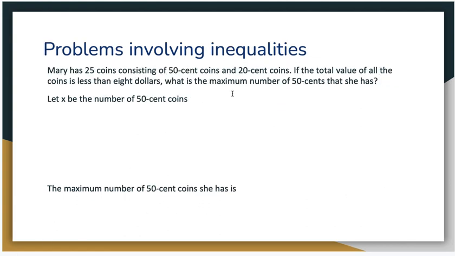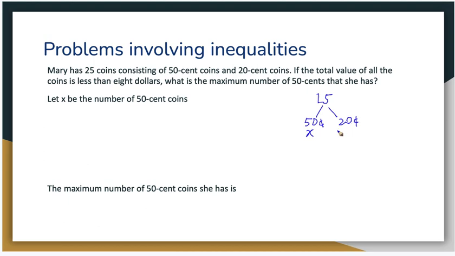And the last example, we have Mary has 25 coins consisting of 50-cent and 20-cent coins. So we have 25 coins and we have 50-cent coins and 20-cent coins. And we don't know how many 50-cent coins. We let it be x.